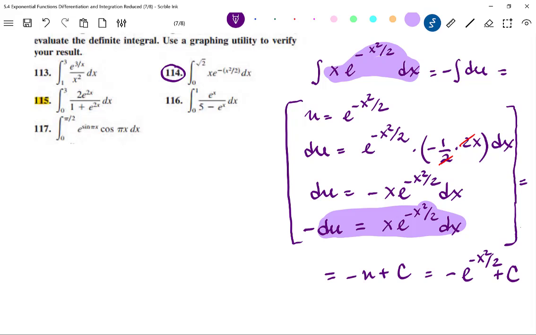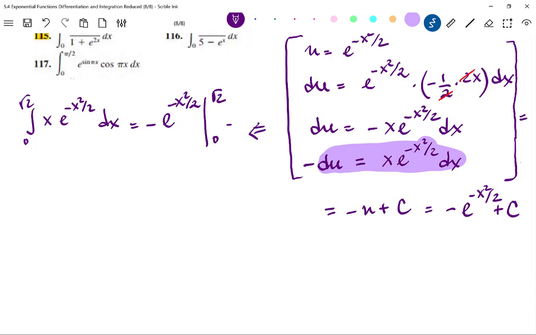Now, once I'm done with that, I'll go, okay, from here, the integral from 0 to square root of 2 of x e to the negative x squared over 2 dx is equal to negative e to the negative x squared over 2, evaluated between 0 and square root of 2.